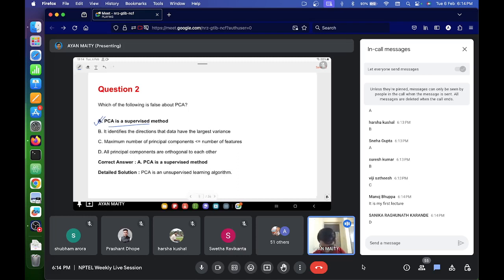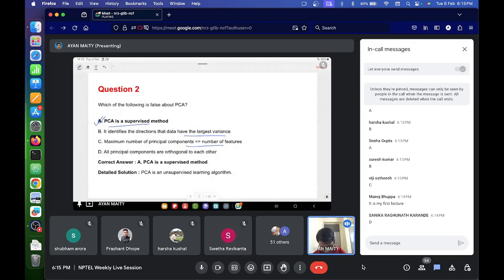The other options are: it identifies the direction that the data have highest variance. That is the actual objective of PCA, that it tries to find out the direction in the data points which has the highest variance. And option C says maximum number of principal components is less than or equal to number of features. This is also true. PCA is used to reduce the number of features, so number of principal components would be lesser than or equal to number of features.